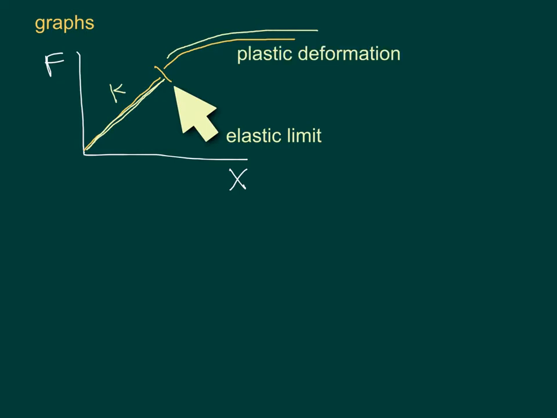So what's the big deal about this elastic limit? It's because where Hooke's law applies in this region here, you get the bonds in between the atoms of your material stretching and then coming back. They've got a little bit of give in them. But in here, the bonds are either broken or they're residing in a different spot in your material, and so it doesn't return back into the elastic limit.